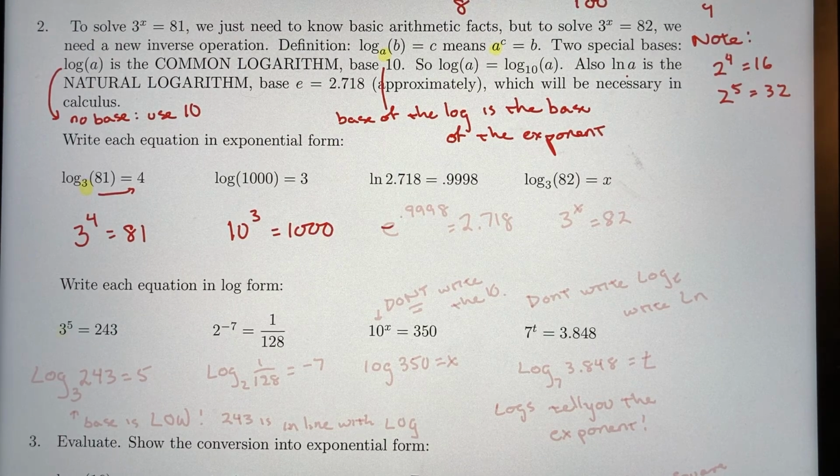Base ln is E. What's E? It's a number a little less than 3 for our purposes. But notice that ln gets treated just like any other base. 3 to the, go across the equal sign.